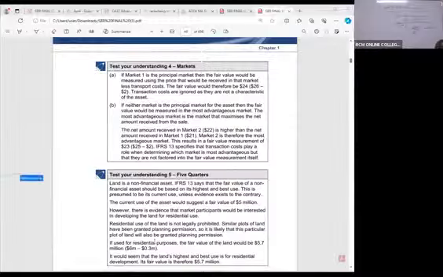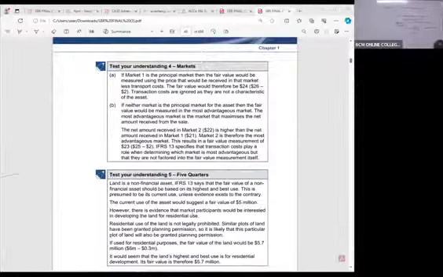Yes, okay. So the answer is here. Land is a non-financial asset. IFRS 13 says that the fair value of a non-financial asset should be based on its highest and best use. This is presumed to be its current use. Unless evidence exists to the contrary, the current use of the asset would suggest a fair value of 5 million. However, there is evidence that market participants would be interested in developing the land for residential use.